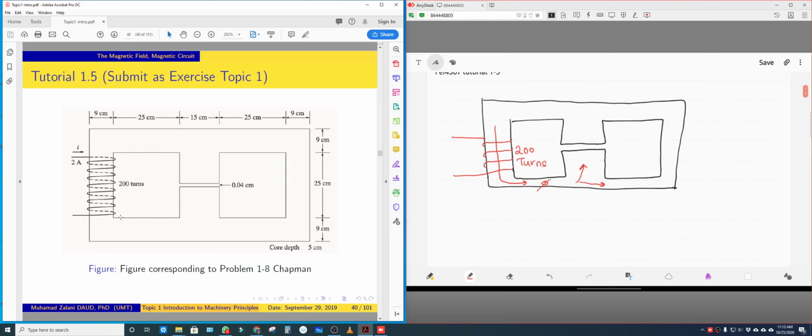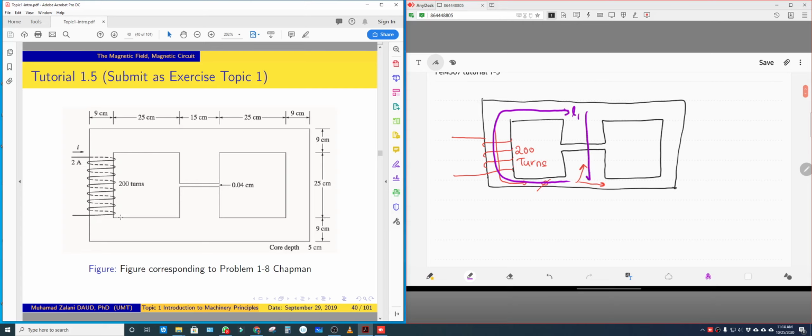Nanti kita tengok. So how about mean path? The mean path of this core, let me choose 3 areas of the mean path. So this is the first mean path, which I name L1.